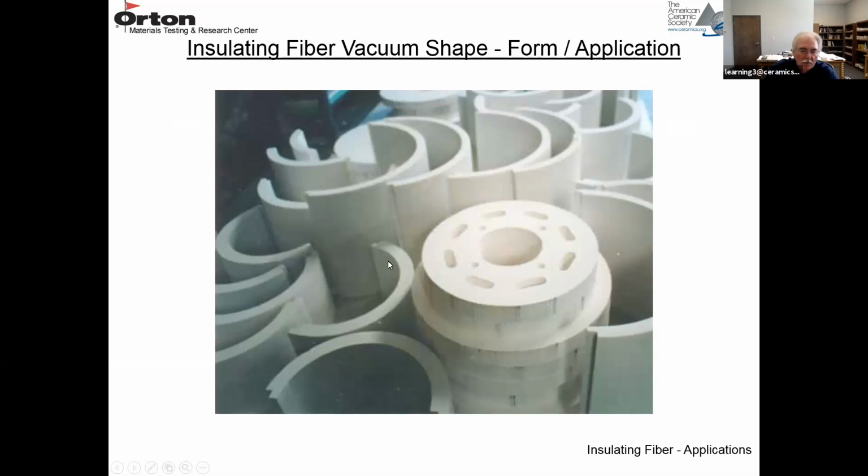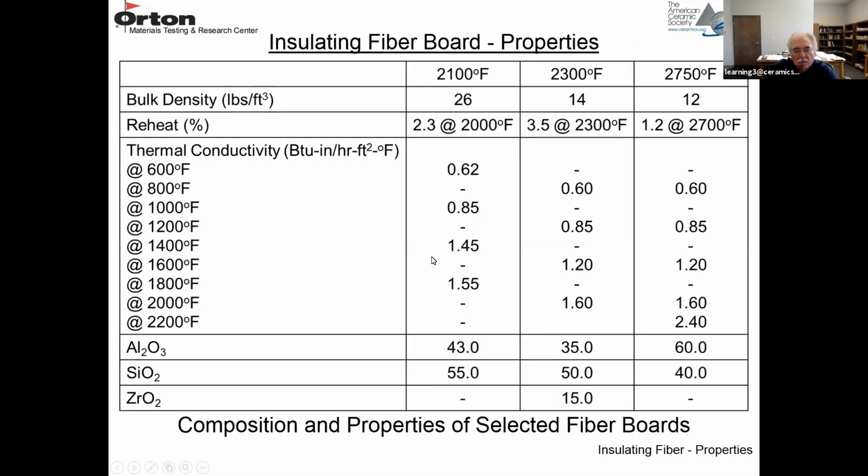And these are forming some type of cylinder. So you can vacuum form complex shapes. And finally, for the insulating fiber board, these are 3 different use temperatures, 21 to 2750 degrees F, and 3 different bulk densities.